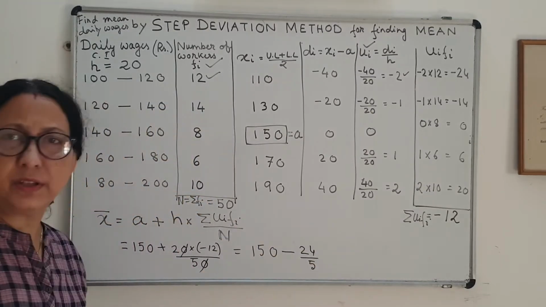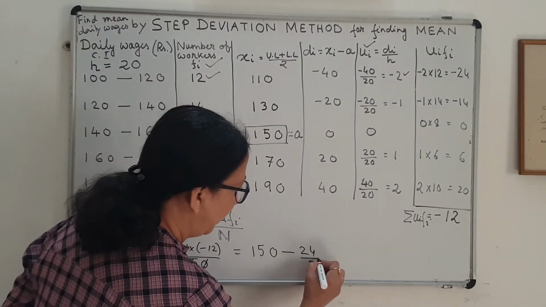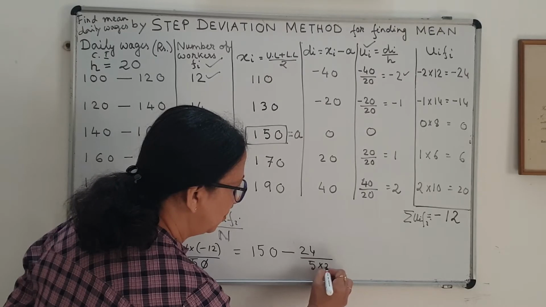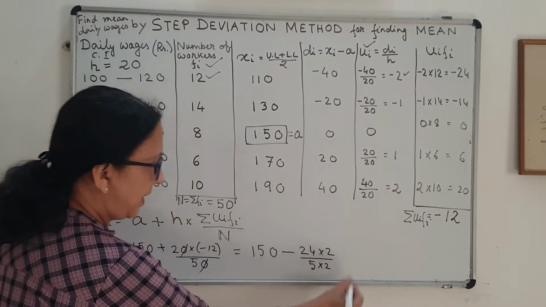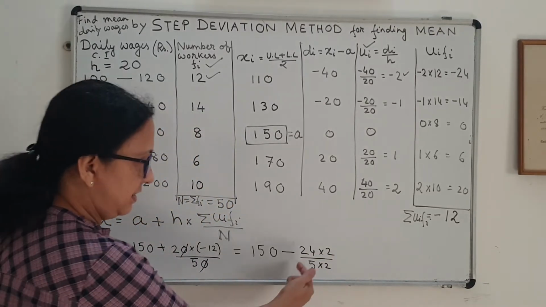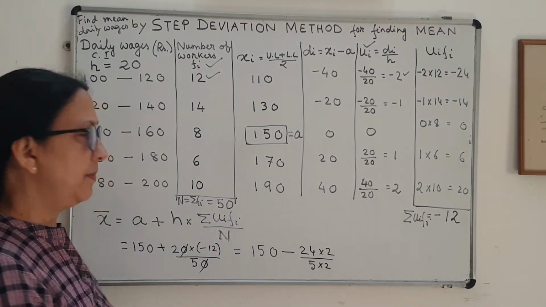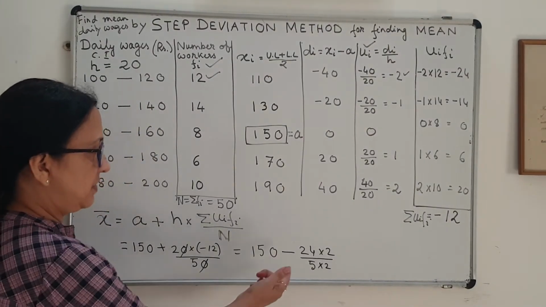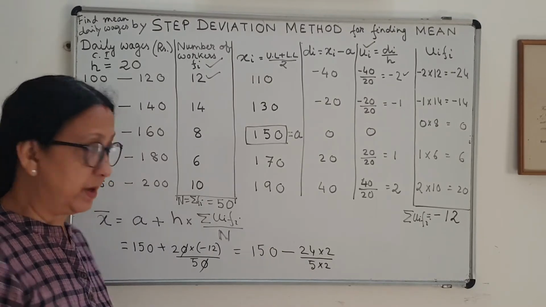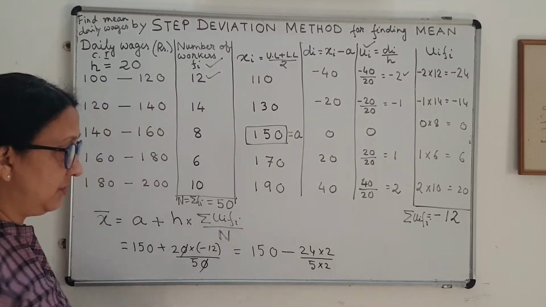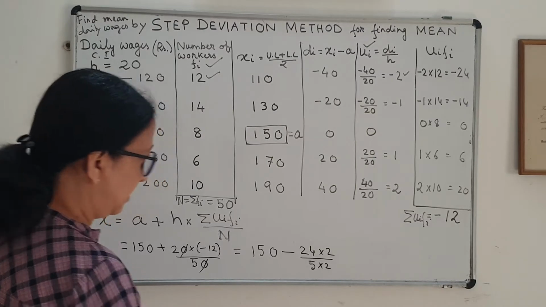Now we won't be doing the division. What we can do, I simply multiply by 2 in this way, so that I am getting a multiple of 10 in the denominator, so that I simply shift the decimal point by the number of places equal to the number of zeros in the denominator. So we can avoid division by this technique.